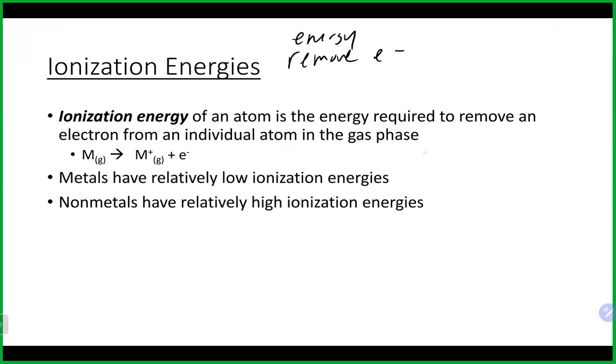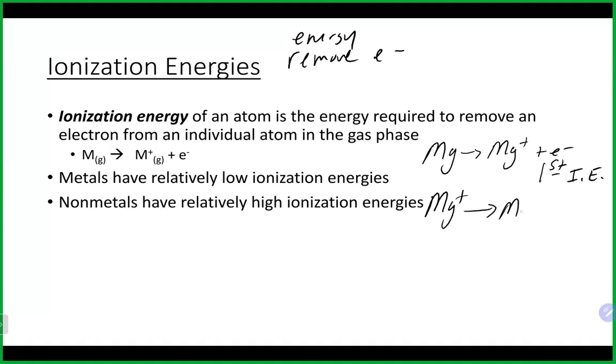So for example, if you take something like magnesium, the first thing that will happen is magnesium will just lose one electron and become +1 charged. That is what is known as the first ionization energy, the energy to remove the first electron. What happens next is that magnesium that's already lost an electron will then lose a second electron.